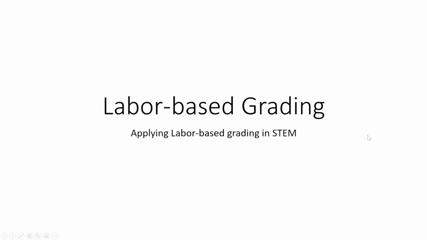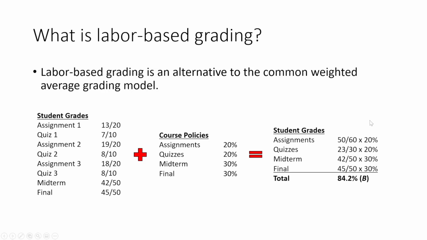So I'm going to start with just what is labor-based grading. To start out, I'll just mention it's an alternative to our normal grading style, and I think that's sort of what I have depicted here. At least this would be very common for one of my classes. You have a number of assignments, quizzes, maybe midterms, finals.